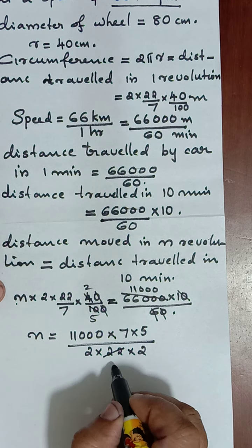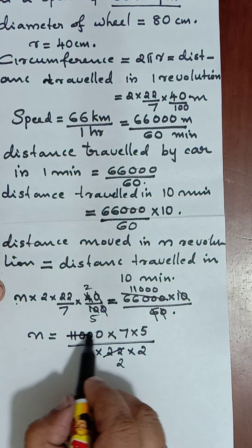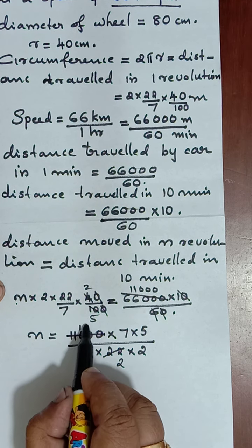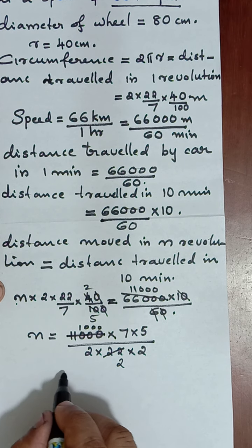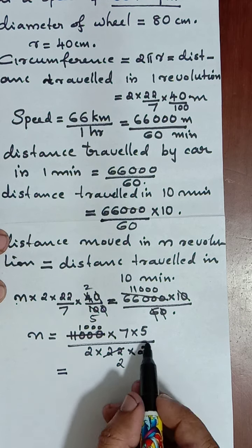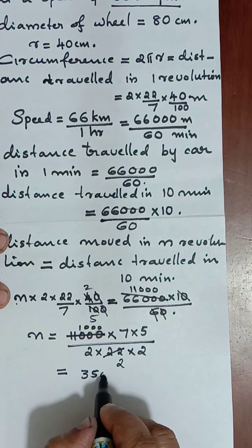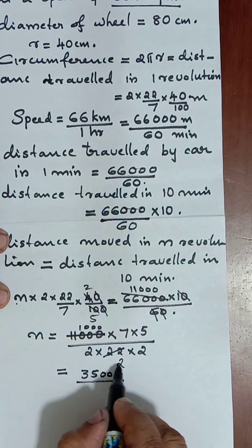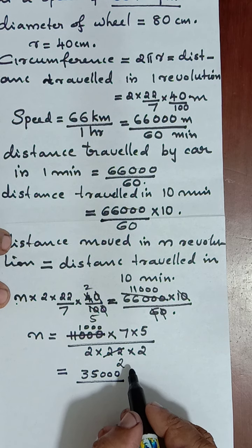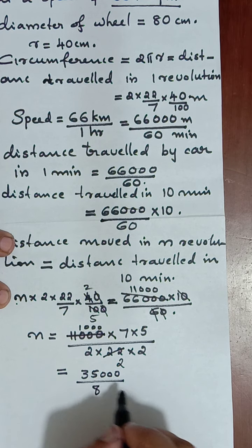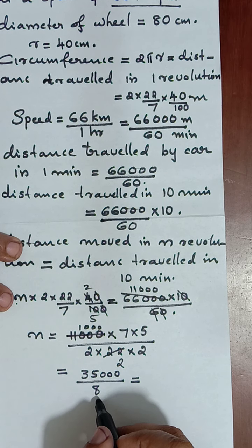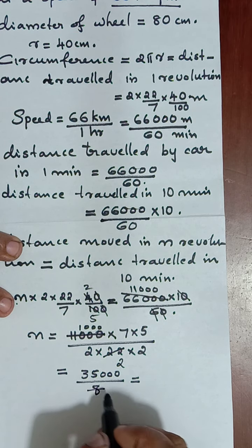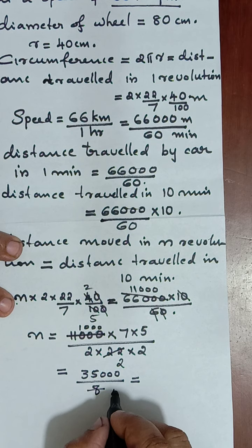By 11 you can cancel 2 times, by 11 one time, give the zeros, 1000 we are getting. Now 7 5s are 35,000 divided by 2 2s are 4, 2 4s are 8 comes. We have to cancel again 35,000 by 8, that's equal to, by 2 if we cancel, 4 we are getting.